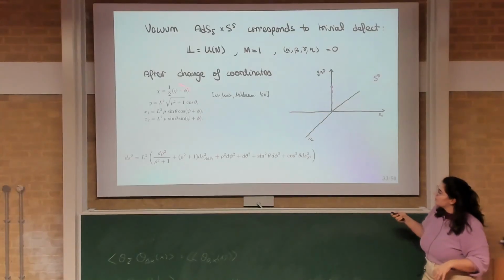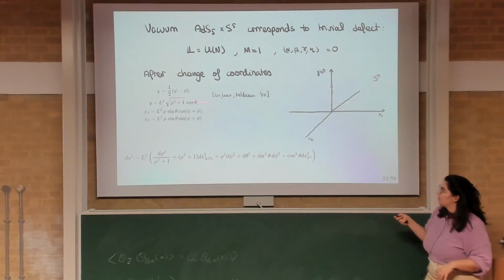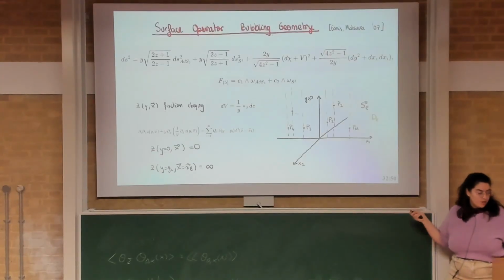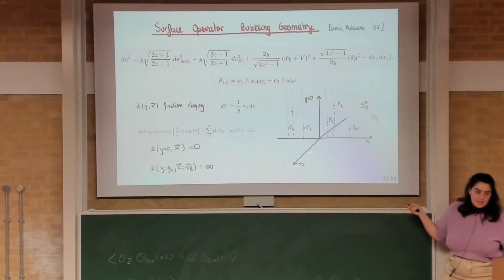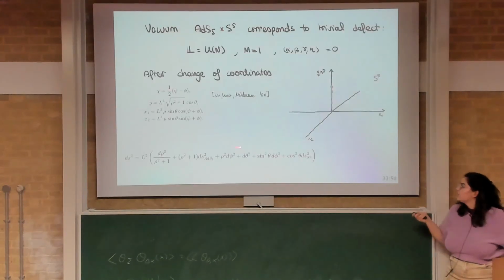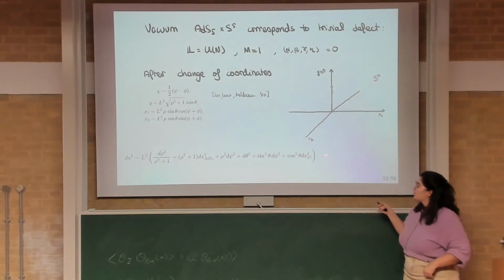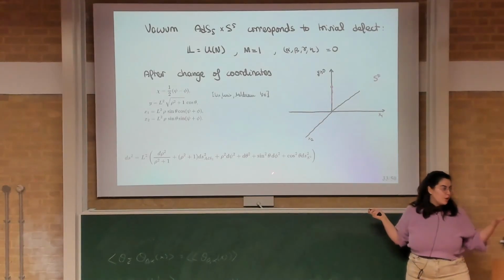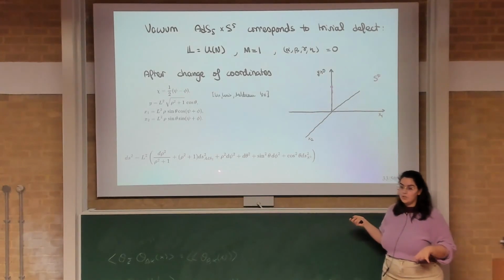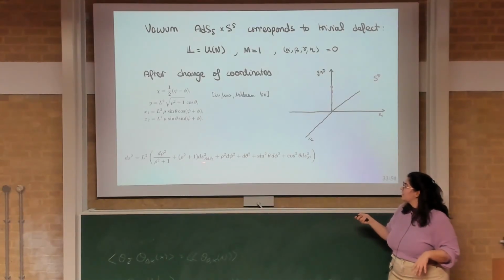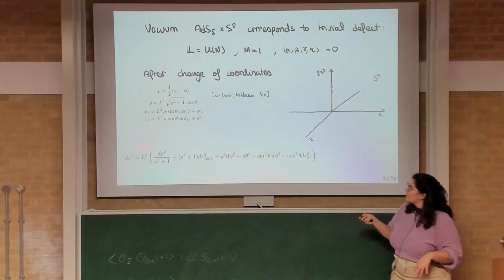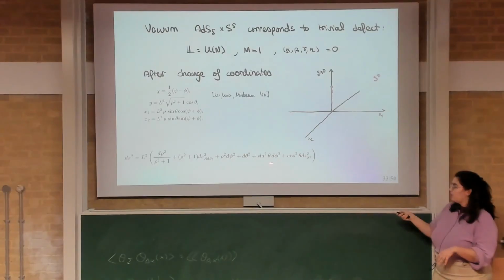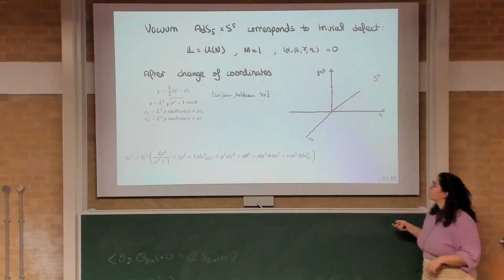When I use this change of coordinates from this LLM paper, I can see that the very complicated metric from before, with this pretty ugly function that I didn't write, becomes AdS5 cross S5 in a metric that maybe is not so familiar to what we normally use, but is very familiar when thinking about surface operators, because it's an AdS3 times S1 slicing of AdS5, and then a 5-sphere slicing of a circle and a 3-sphere.